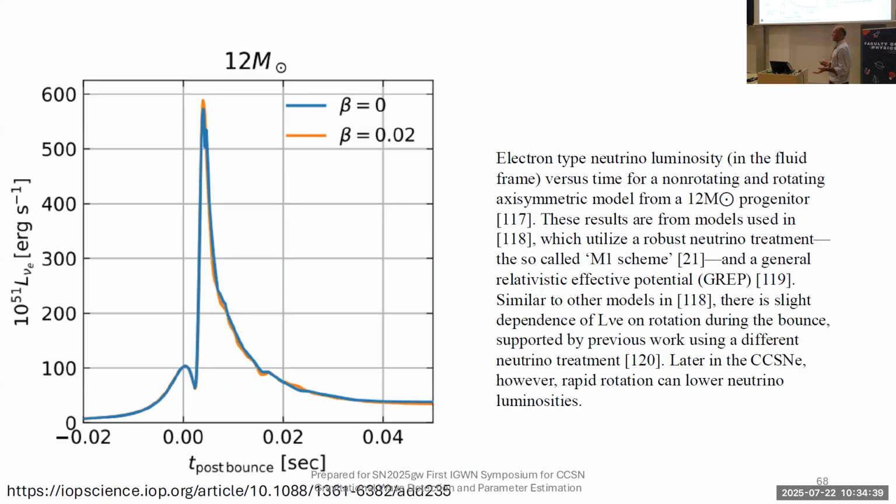For SASI, we know it's worth checking the signature in the neutrino and gravitational wave. I suspect it's the same for the high frequency feature, even if I'd like to hear opinions from the theorists. For the case of the core bounce, at least the opinion of Mike Pajkos is that there's not going to be much difference between the two, but I'd like to hear a confirmation of that.